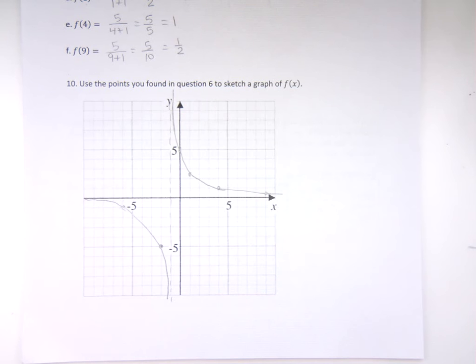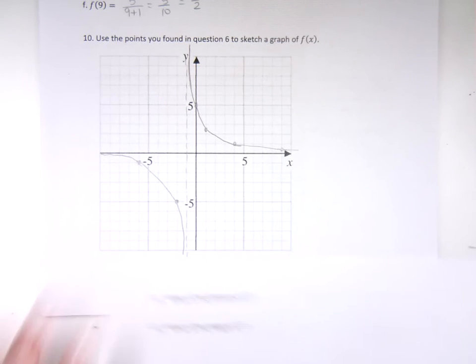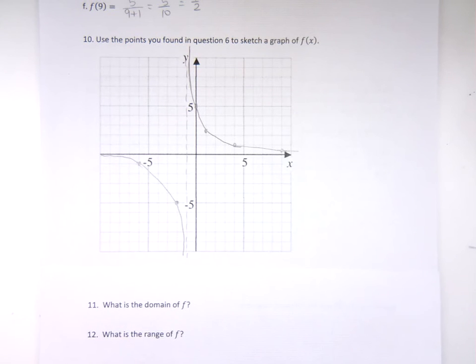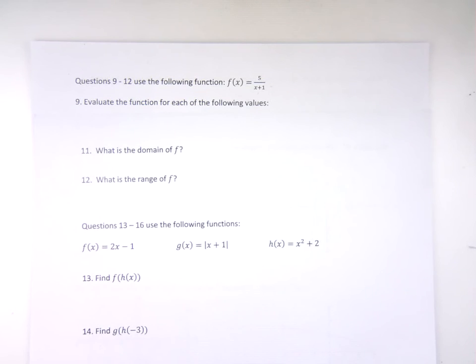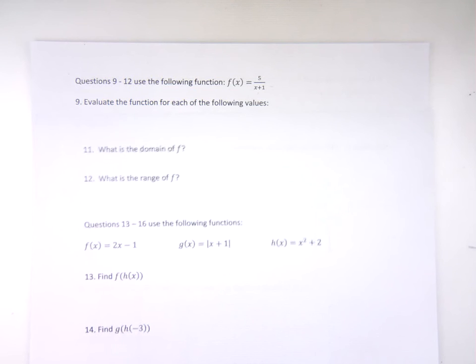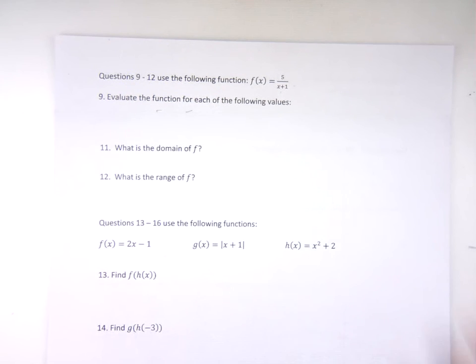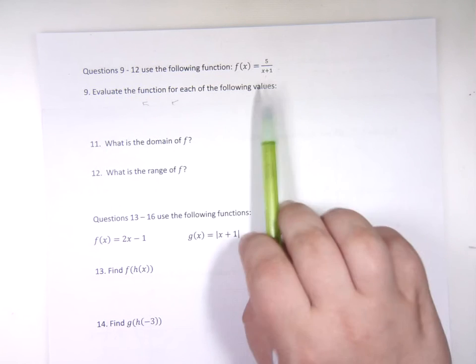Okay, our next questions are related to this graph and this function. So question 11 asks, what is the domain of f? So let's just put f back up on the screen along with this question. Okay, what is the domain of f? Well, if we look, it's anywhere where we don't divide by 0.